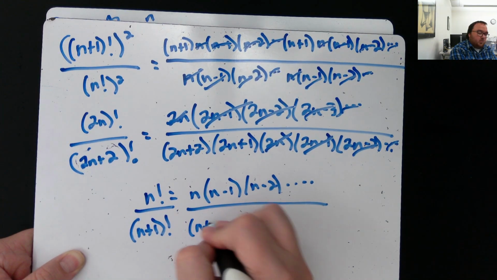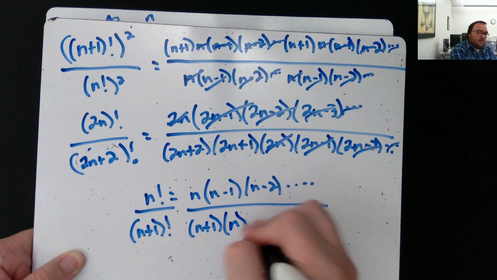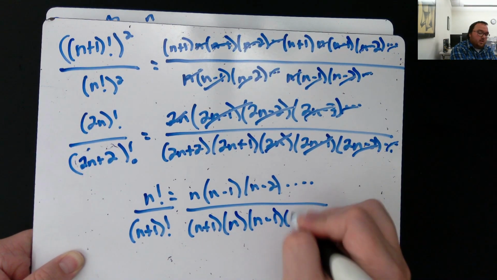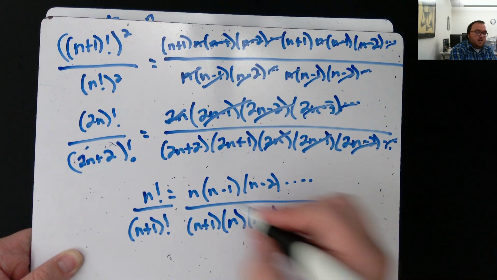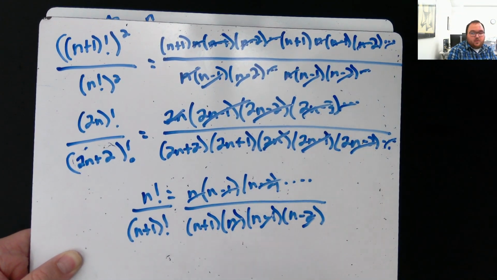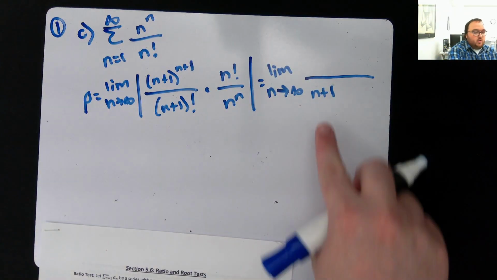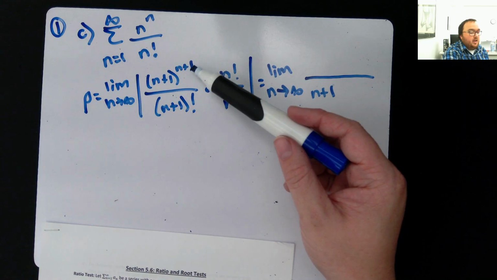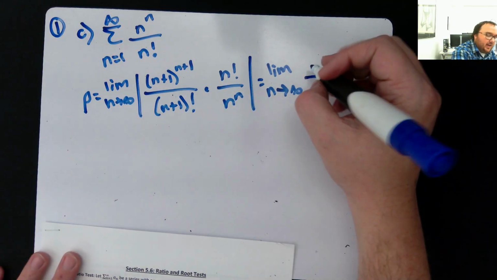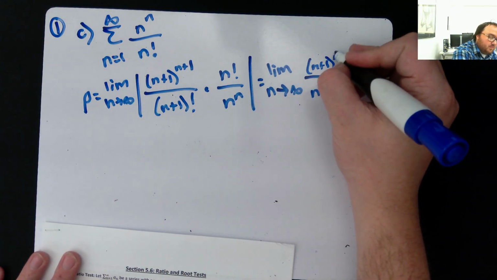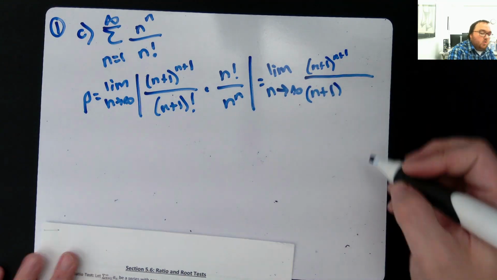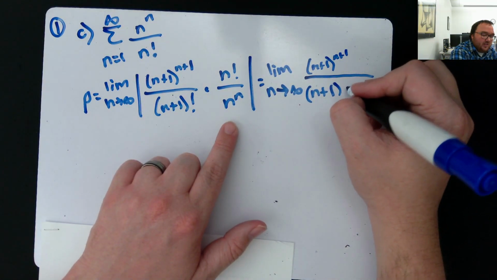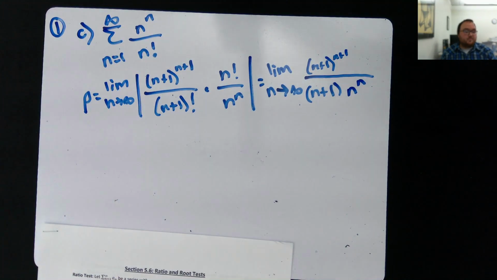That's going to be (n+1), minus 1 you get n, minus another 1 you get n-1, n-2, on and on. It cancels everything out except for the (n+1) here. So we end up with (n+1). (n+1) to the (n+1), there's not really anything I can do there. Over, again, n to the n, there's nothing I can really do there.